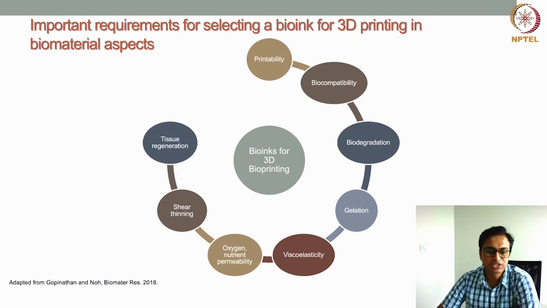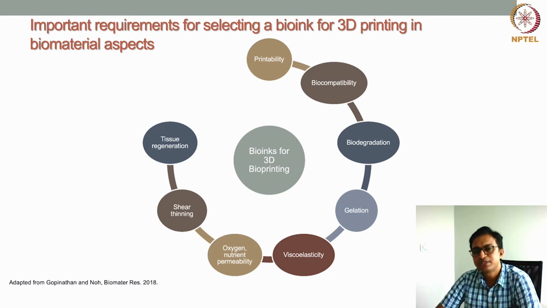Then the material should support tissue regeneration, because when you use some bioink and incorporate or encapsulate cells within it, the bioink provides the necessary microenvironment or support structure for the cells to function: grow, mature, migrate, regenerate.